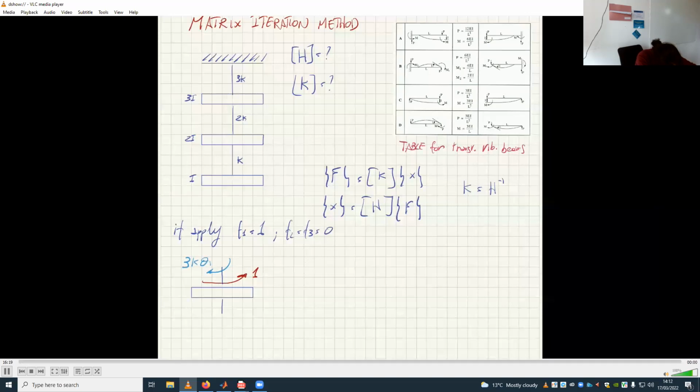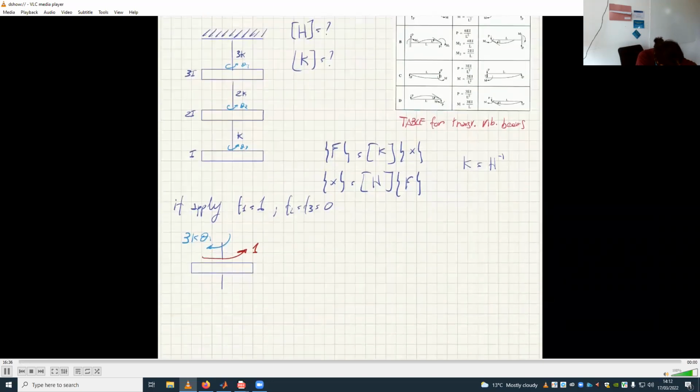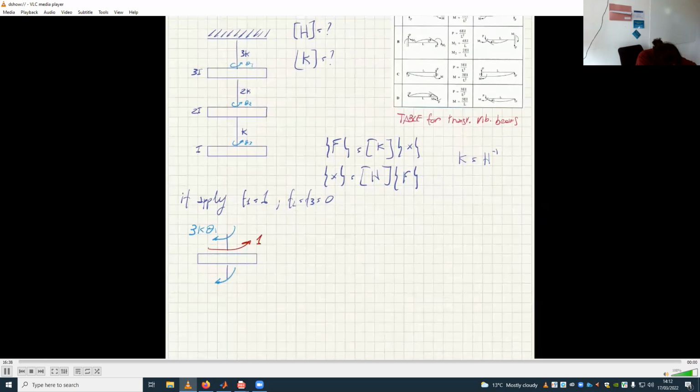The 3 degrees of freedom I have here are θ1, θ2, and θ3. So if I apply a torque of 1, this will respond with 3k θ1 opposite, and this will also respond with 2k (θ1 minus θ2) opposite.